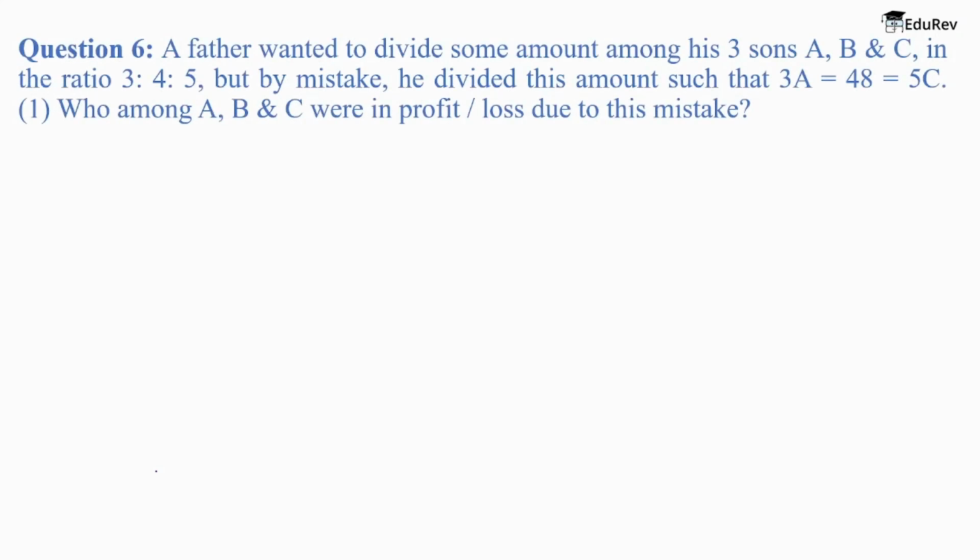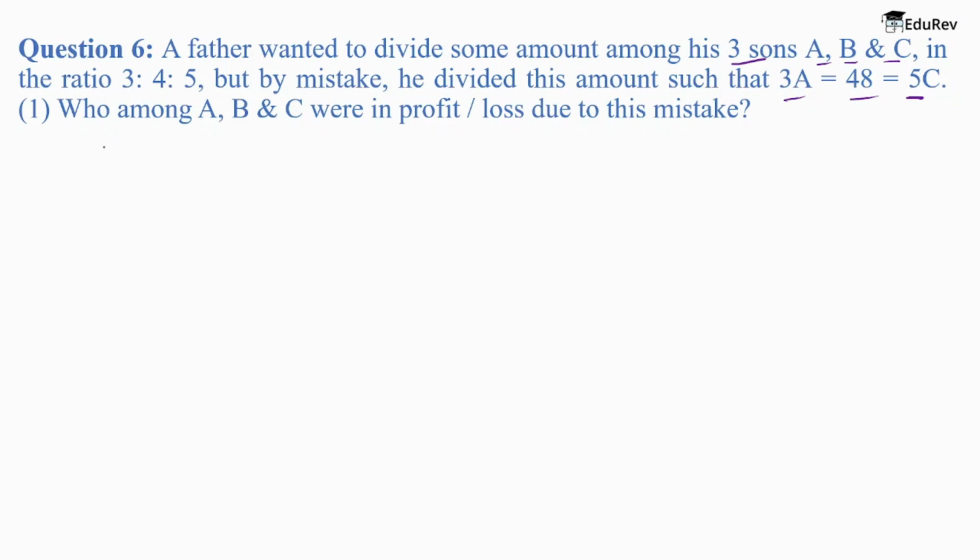Now look at this question. A father wanted to divide some amount among his 3 sons, A, B and C, in the ratio 3 is to 4 is to 5. But by mistake, he divided this amount such that 3A is equal to 4B is equal to 5C. So the question is, who among A, B and C were in profit or loss due to this mistake?